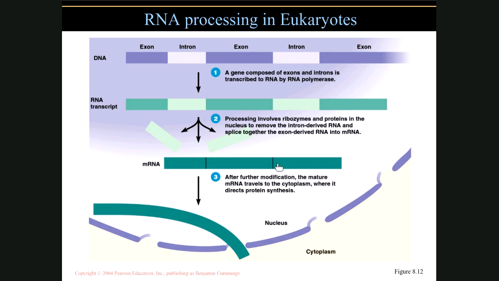And we said that this presents a problem for cloning a eukaryotic gene into a prokaryotic cell, because if you take this gene and put it into a bacterial cell, it's not going to form a functional product, because this is the messenger RNA that's going to be translated to make the protein. And because of the introns, there's going to be a lot of extra amino acids. And so that protein is not going to function.